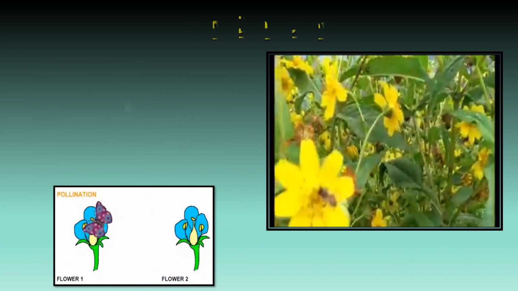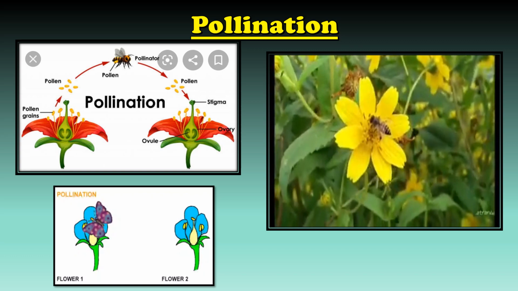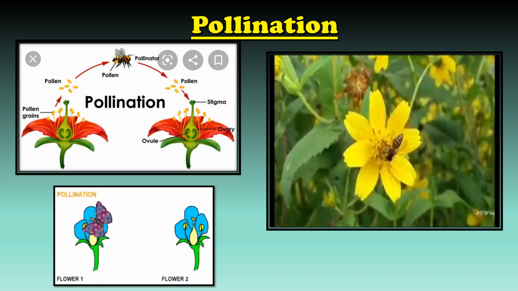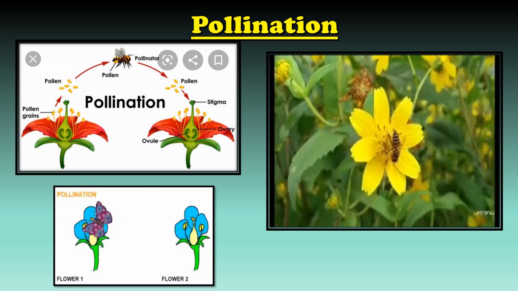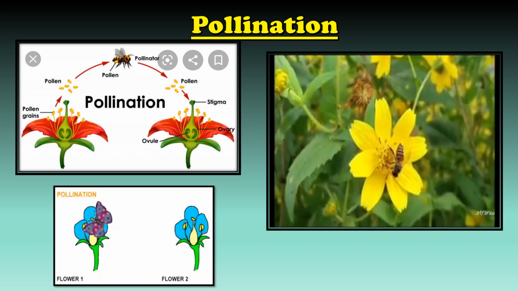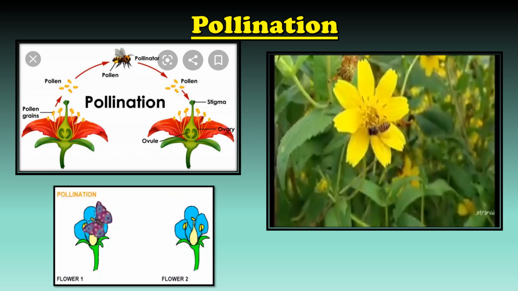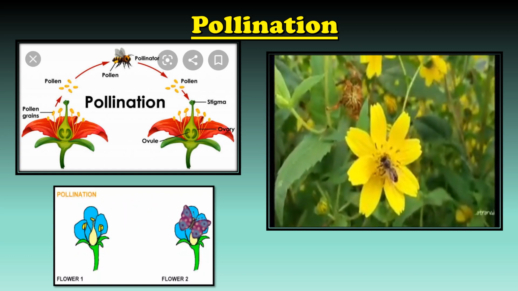Okay, first of all, you have to know why pollination and what it actually does. Pollination results in the production of seeds and is necessary for many plants to reproduce. Now see how it works. Pollination is the transfer of pollen grains from the anther to the stigma of a flower.